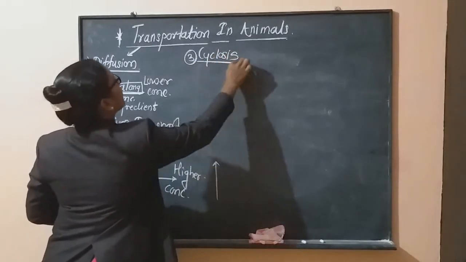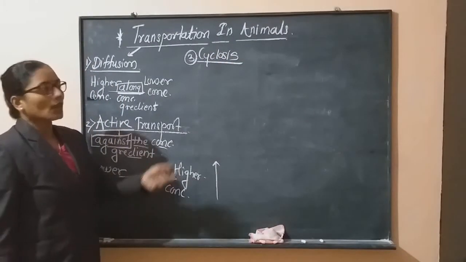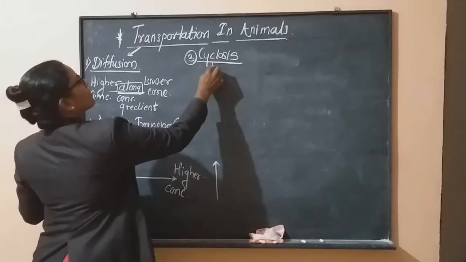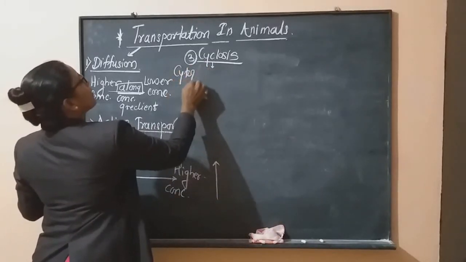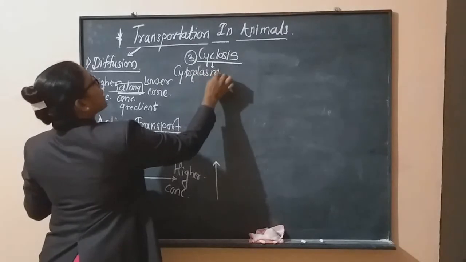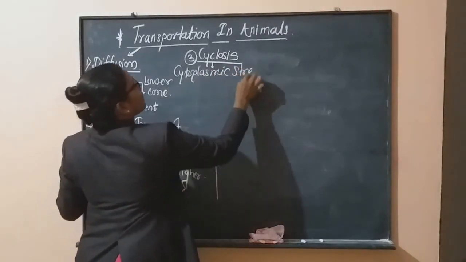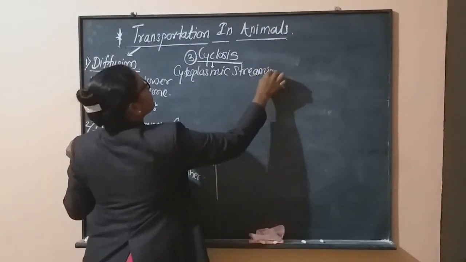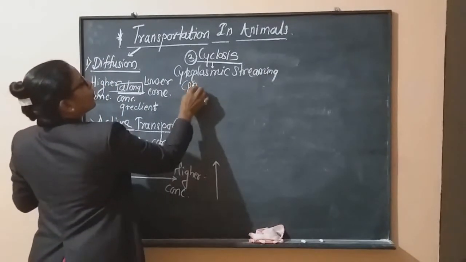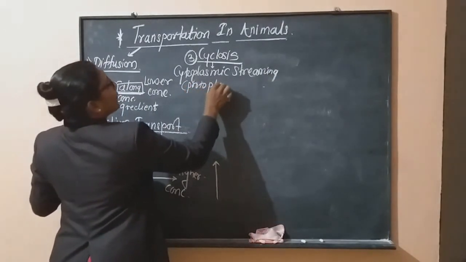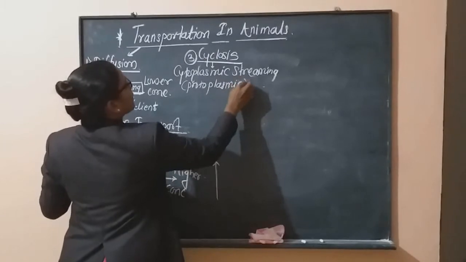Now the third method of the transportation is called cyclosis. What is cyclosis? Cyclosis is nothing but cytoplasmic streaming, or it is also called protoplasmic streaming.